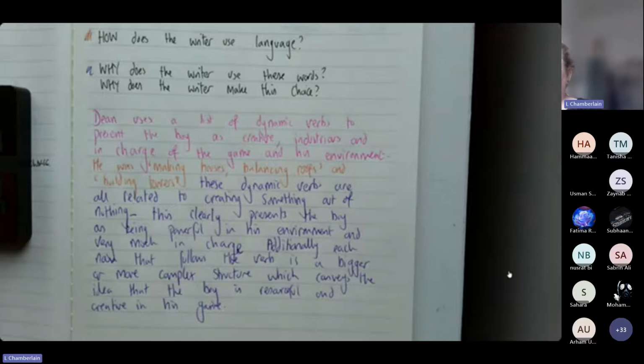For the language analysis question, it's all about picking out the key quotations and then really zooming in on it. Now, ideally, in the time that you've got, you'd want to be writing 2 to 3 of this type of paragraph, okay? But the thing that I must really stress to you with this question is you must analyze the language. So why is the writer using that? What impact does it have?